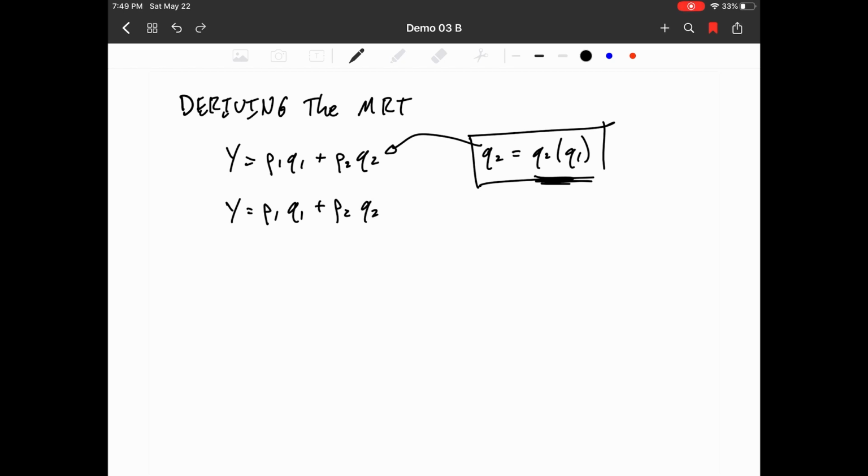So then this is q2 as a function of q1. Okay, so then we take the first derivative with respect to q1 of this function, which gives us p1 plus p2 times the derivative of q2 with respect to q1.